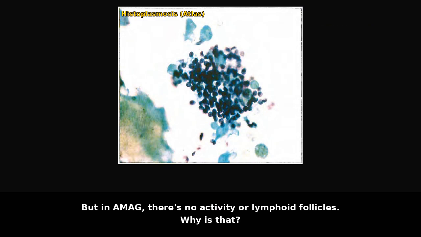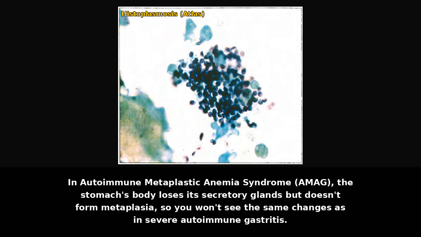But in AMAG, there's no activity or lymphoid follicles. Why is that? And in autoimmune metaplastic atrophic gastritis, the stomach's body loses its secretory glands, but doesn't form metaplasia. And so you won't see the same changes as in severe autoimmune gastritis.